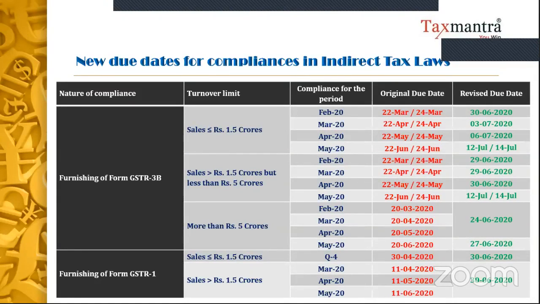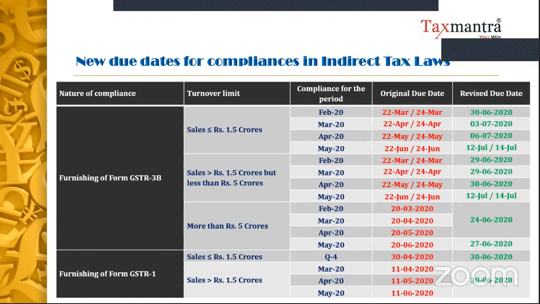Now we are talking about the May GST 3B filing, whose due date was 22nd of June or 24th of June. Now it has been extended to the 12th of July or 14th of July based on the states of the taxpayers. In case of more than 5 crore, monthly filing will be there.